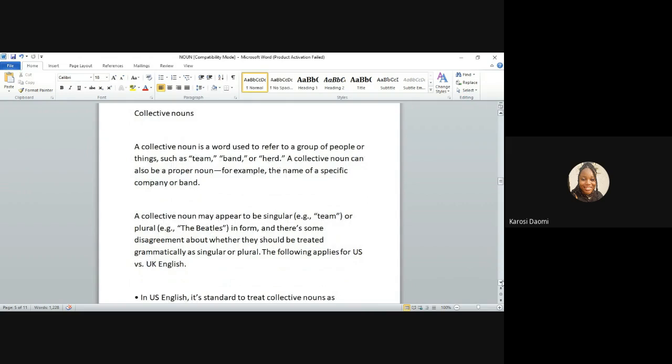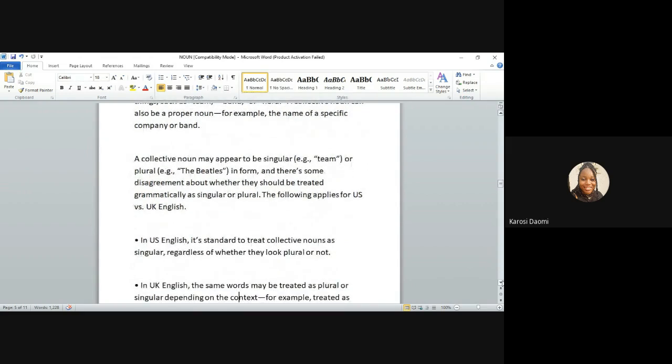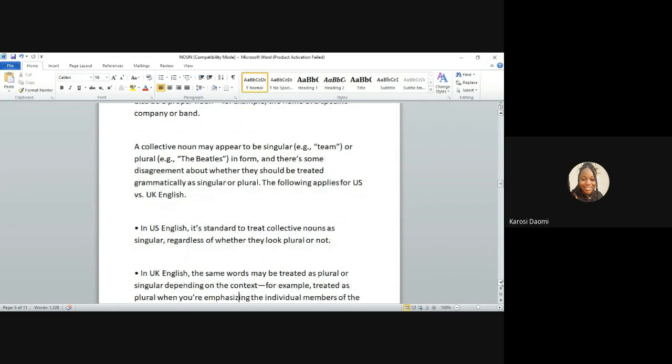Let's look at what applies in US English. It's standard to treat collective nouns as singular, regardless of whether they look plural or not. For example, the Beatles or team, in whatever form it appears, you still treat collective nouns as singular.